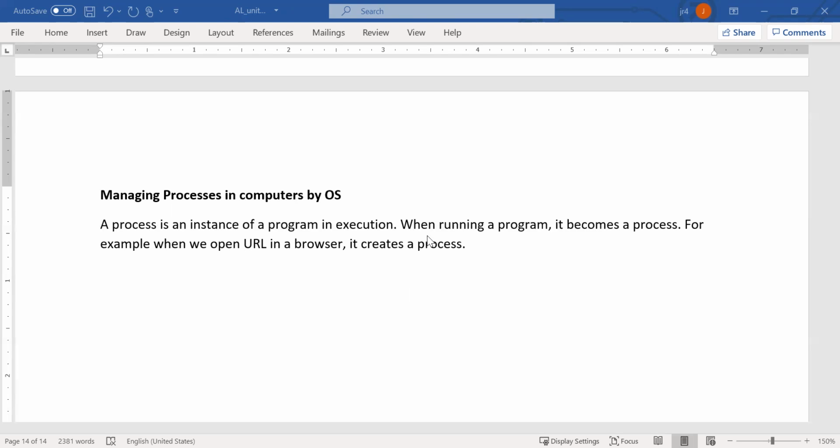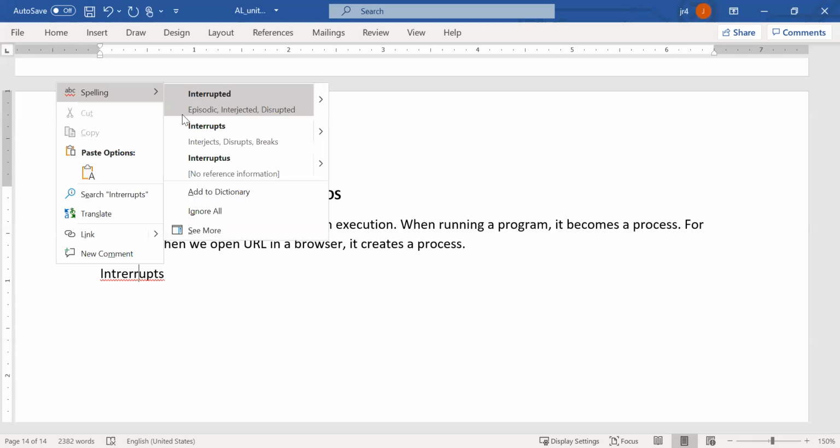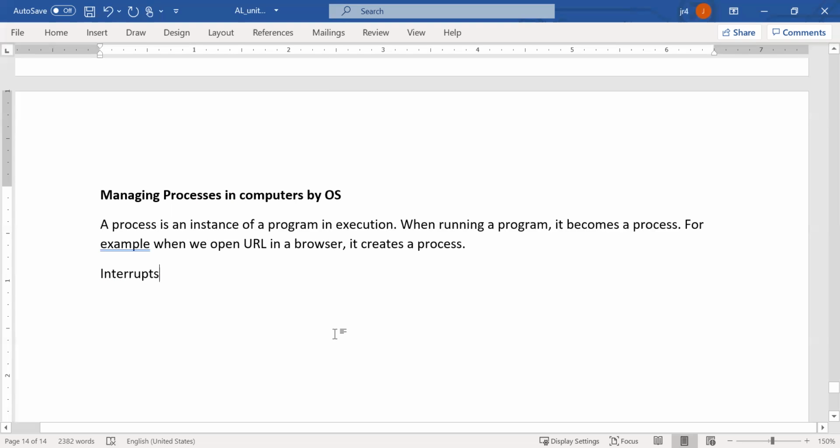Now let's look at the process we have described. Now we describe interrupts. This is a subtopic. Interrupts. Right.